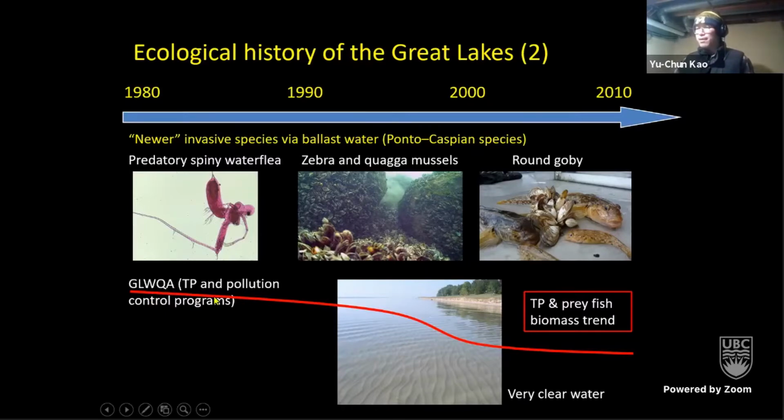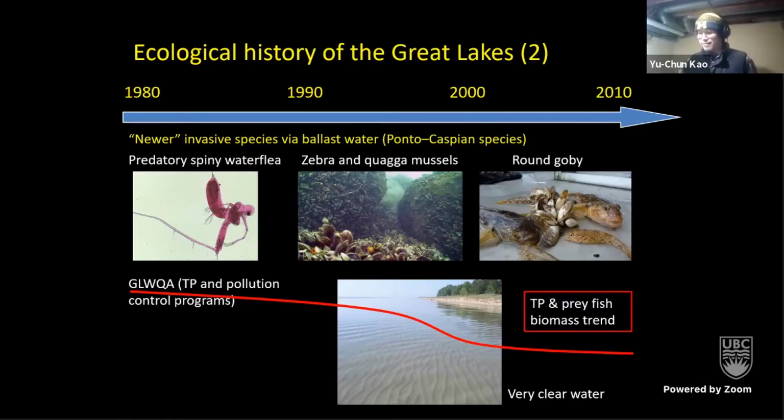And meanwhile, we are also undergoing this oligotrophication process because of the water quality management agreement. So the nutrients in the lake have been declining in most parts of the lake. And this is how clear the water is now.